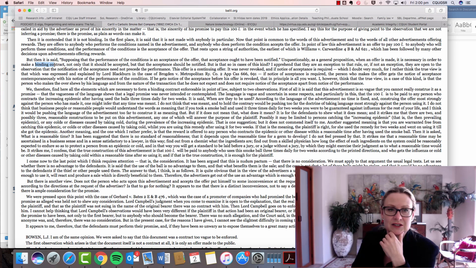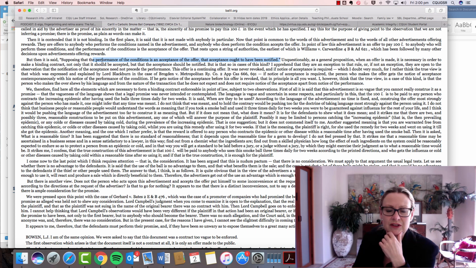Then it was said, supposing the performance of conditions is an acceptance of the offer, acceptance should have been notified. Now we will go through offer and acceptance later on in term, but what you need to know for now is that obviously we know that they're hallmarks of the formation of a contract, so that should probably go into your case note.